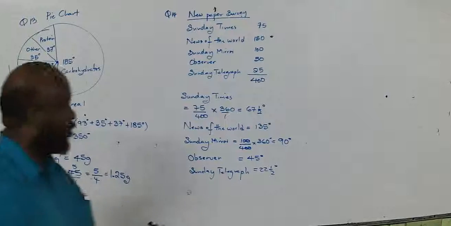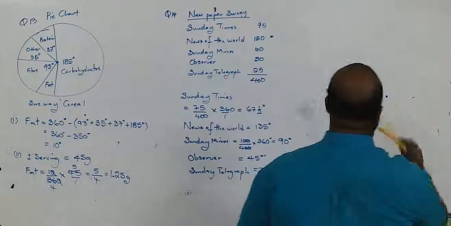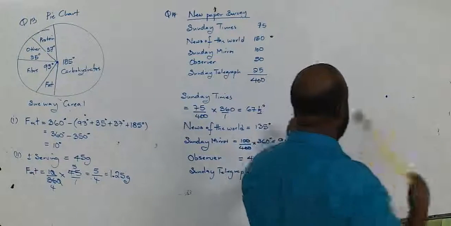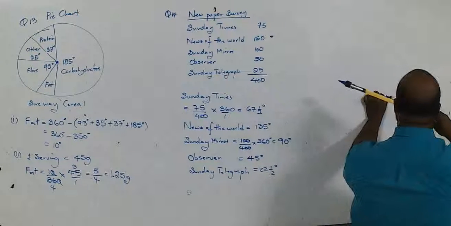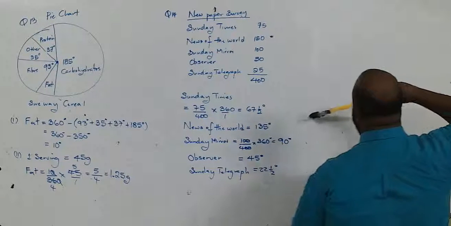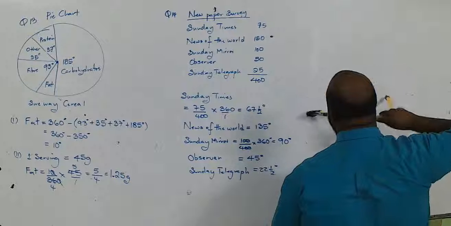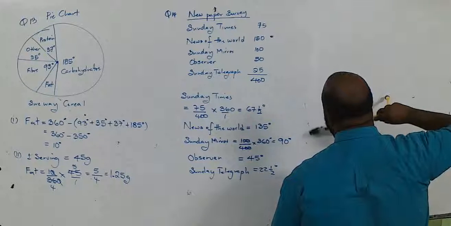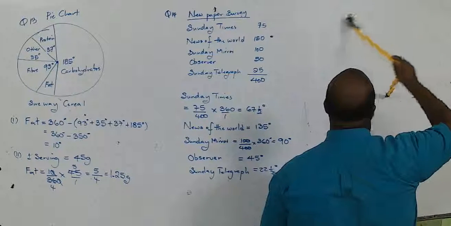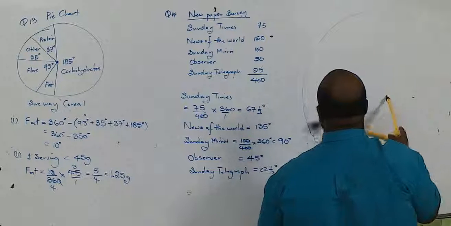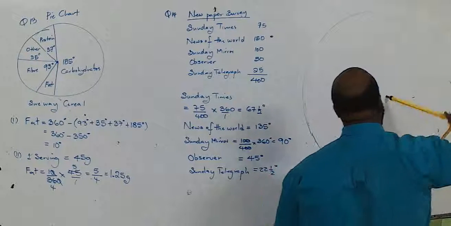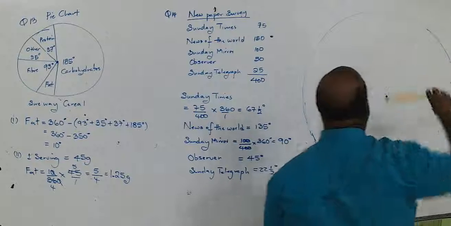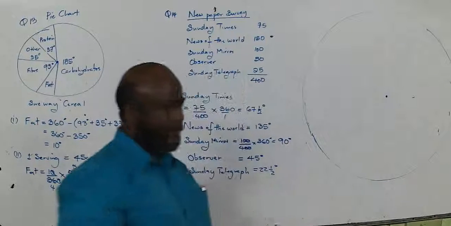So, I can make mine a little bigger, based on the space that I have. And I draw, alright, sometimes things just decide to be a problem. Alright, I draw my circle.